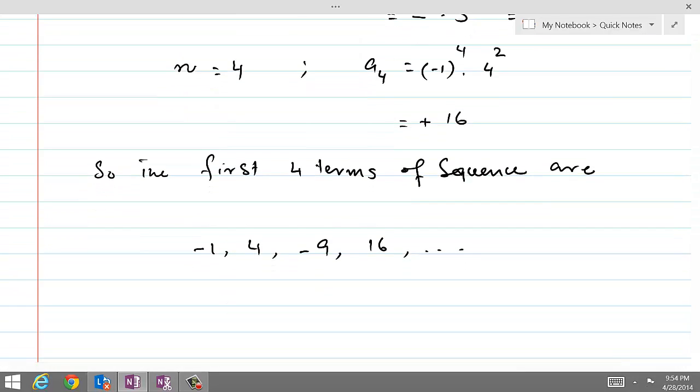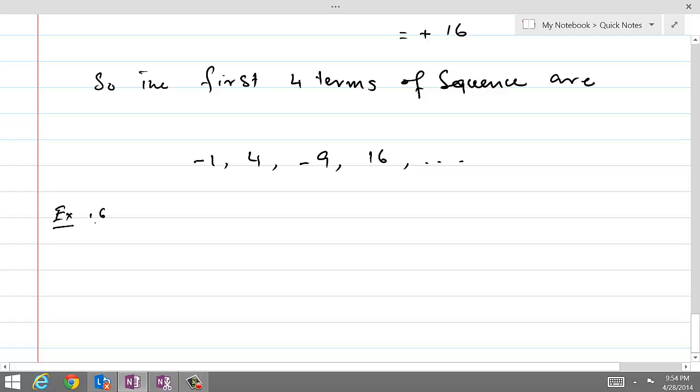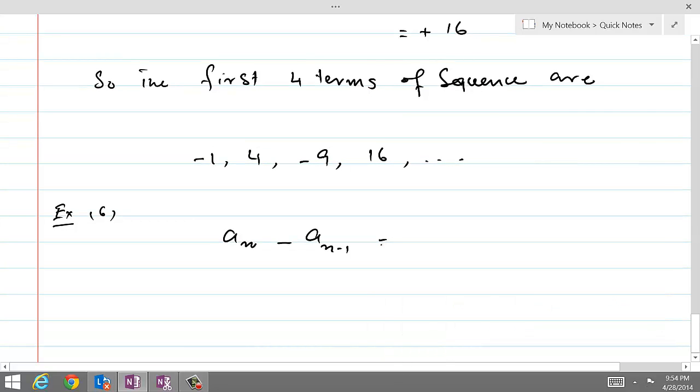And if we want to do another question, example number 6, this time we have the nth term given: an minus 1 is equal to n plus 2, where it is given that the first term of the sequence a1 is equal to 2.